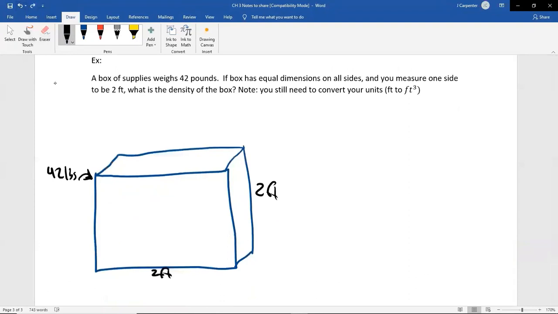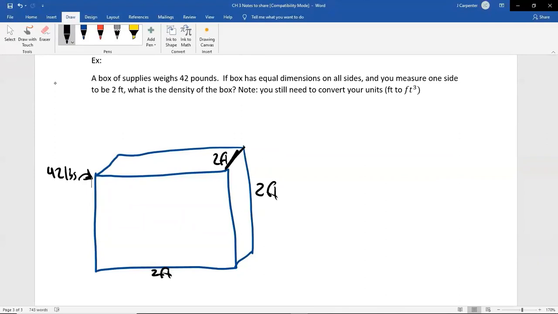Or if you measured this distance right here, this distance would also be 2 feet. So it's 2 feet by 2 feet by 2 feet. And I know this doesn't look like 2 in comparison to this, and that's because we're looking at this box mostly from a forward perspective. So we're just barely peeking around the corner to see that it's an actual three-dimensional shape here.